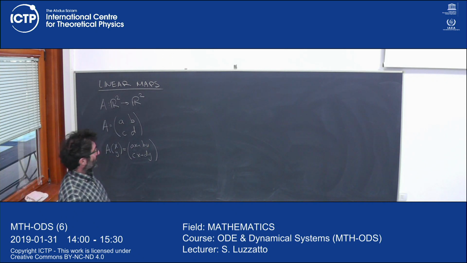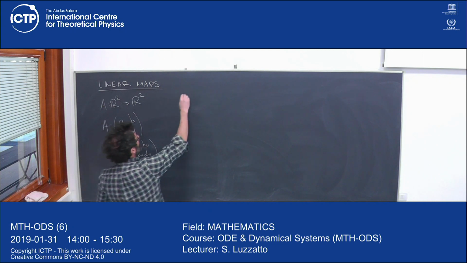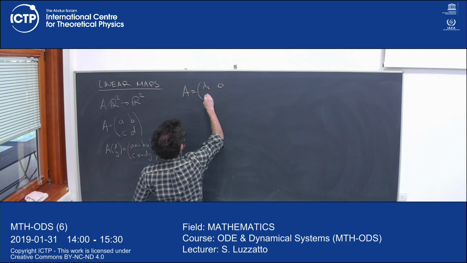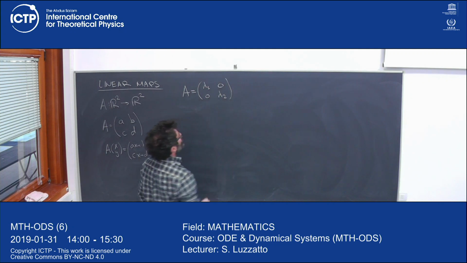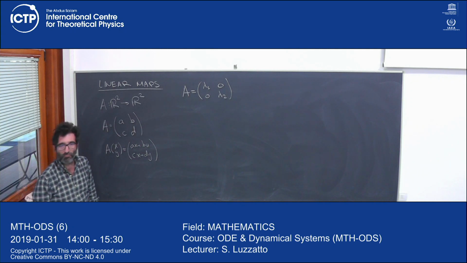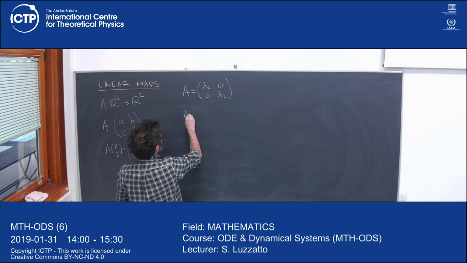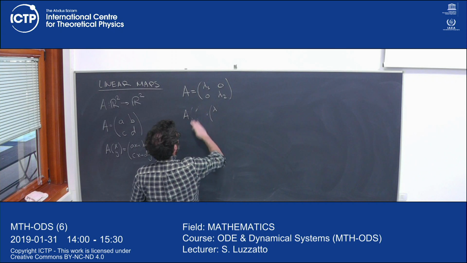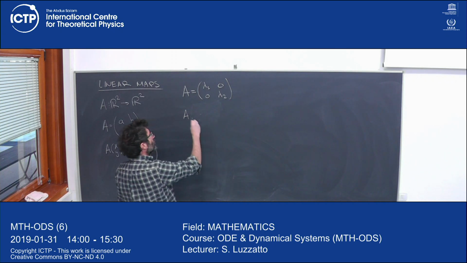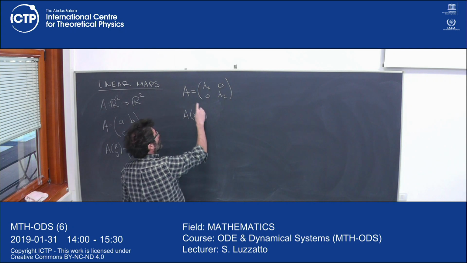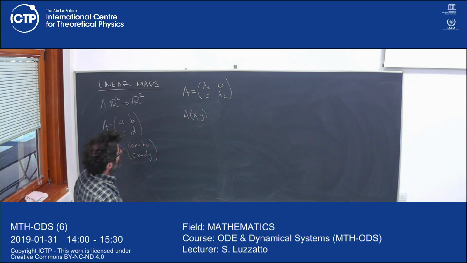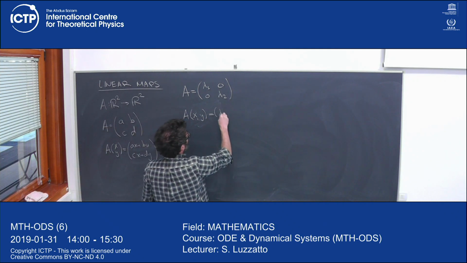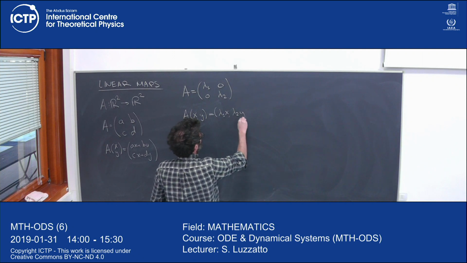So let's look first of all at the simplest possible case of this, in which we have a diagonal matrix. This is the usual notation we use with matrices, but let me write it with the notation we use for maps, which is simply that we have 2 coordinates, and this gives (lambda 1 x, lambda 2 y).